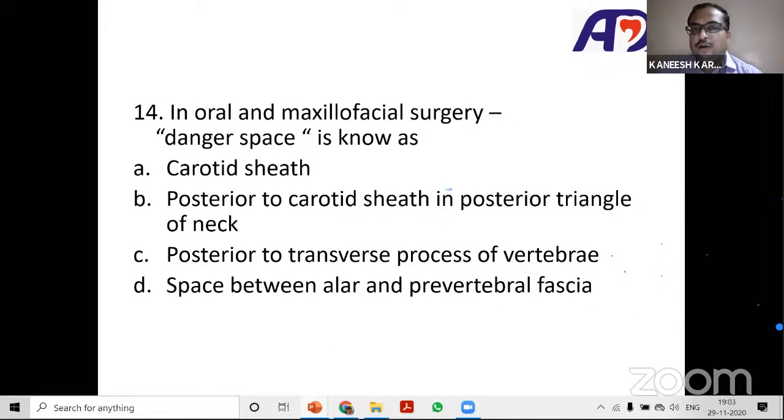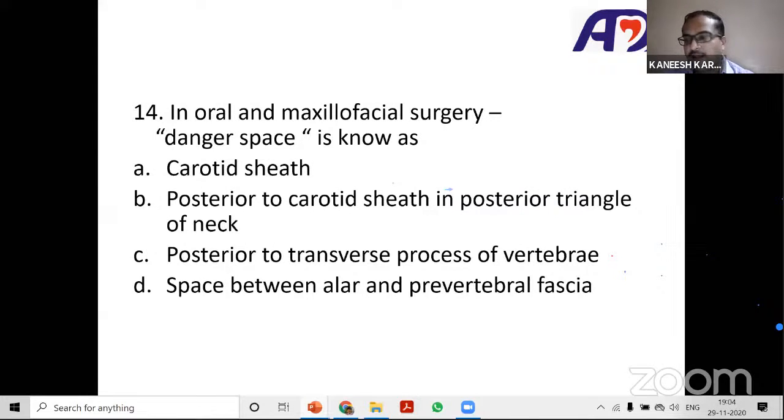In oral and maxillofacial surgery, danger space is known as... sometimes you have to think in terms of the examiner who has set this question.